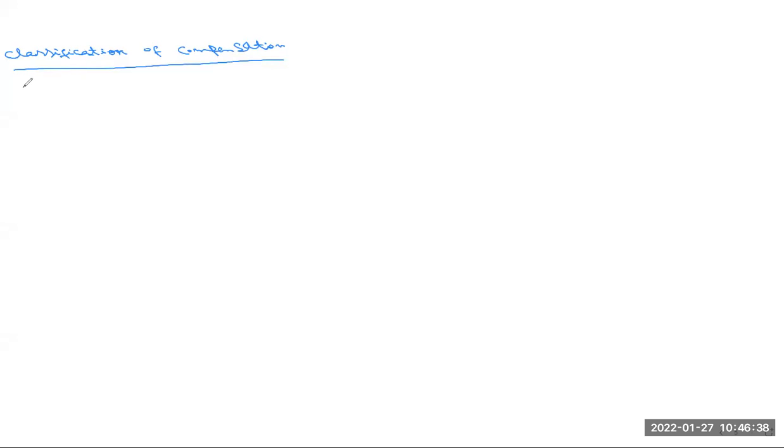Here are three types of networks we have to discuss or draw. First one is phase lead compensation. Number two, phase lag compensation.